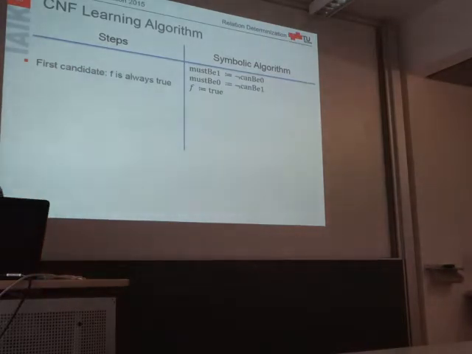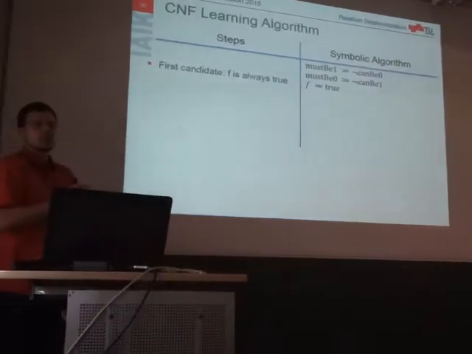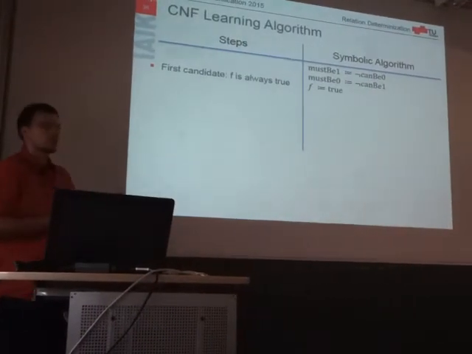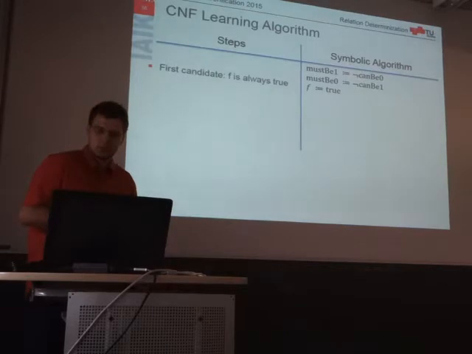And then we will step by step exclude things where it should not be true. Because a CNF is a conjunction of things, so every clause will cut away a little bit where we were too much true until we reach something that is kind of okay. I'll have a graphical representation in a minute so you'll see how this works.